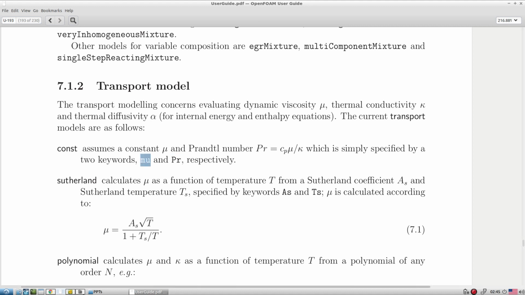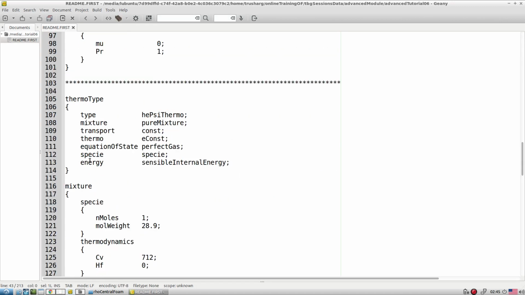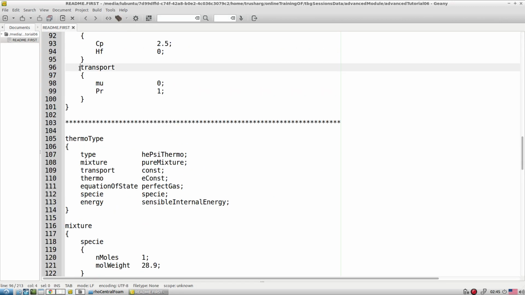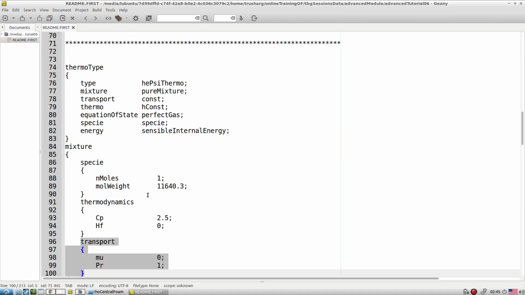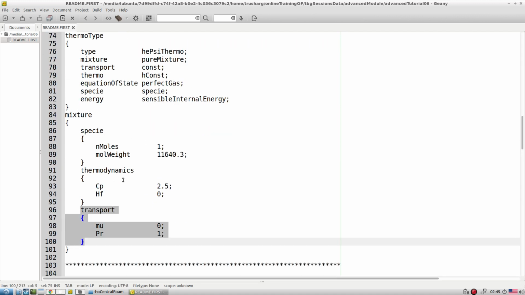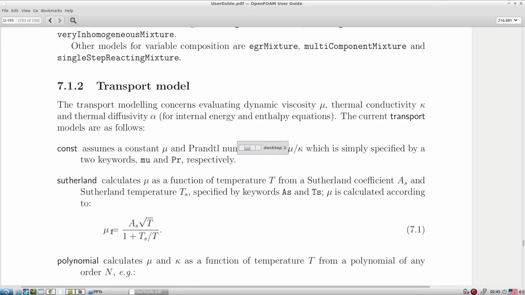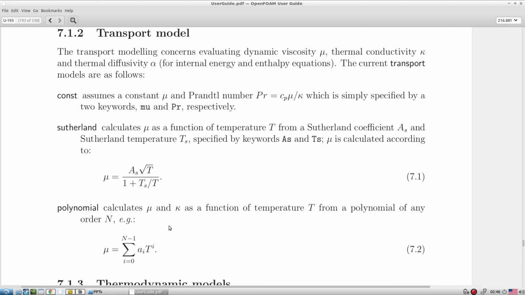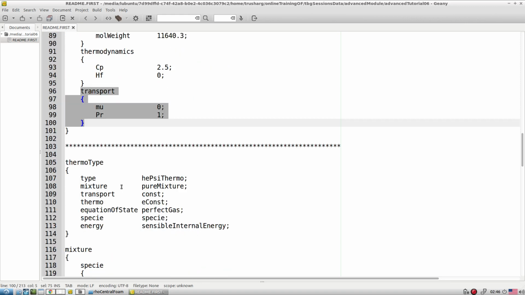This entry is supposed to be available in the transport property file, otherwise it is not going to work. Then Sutherland: based on the Sutherland law we mimic the change in the viscosity. For that we have a temperature dependent function, and As and Ts are the two constants that we have to specify when we work with the Sutherland class.